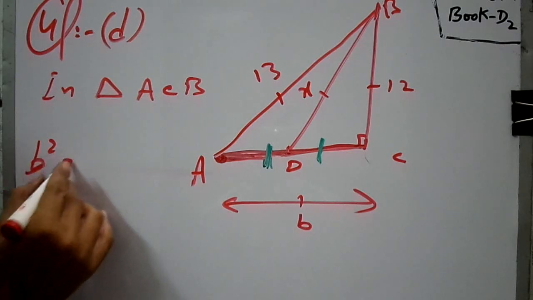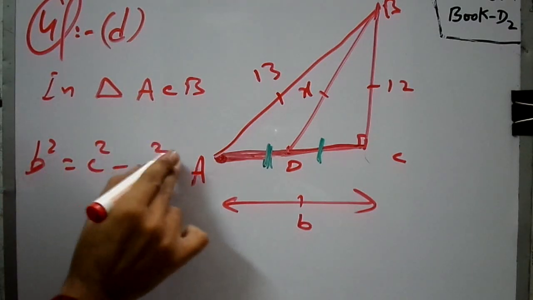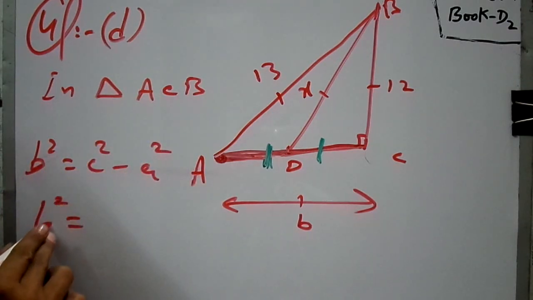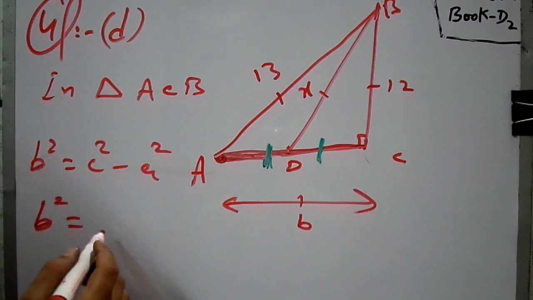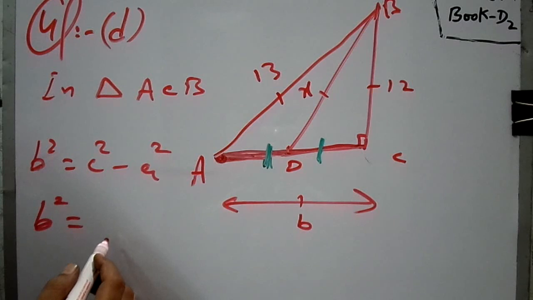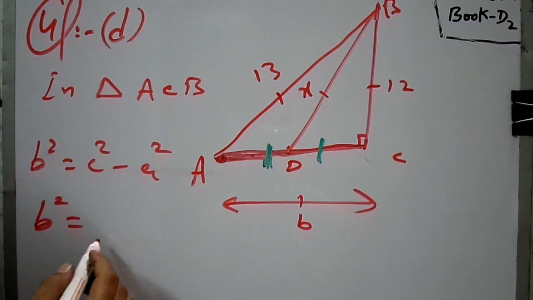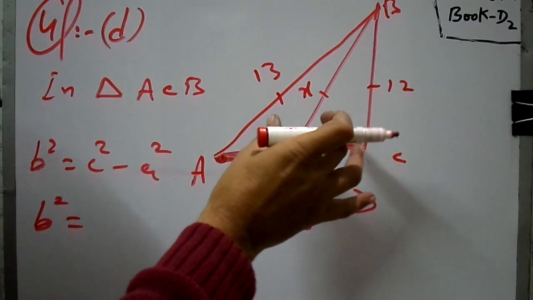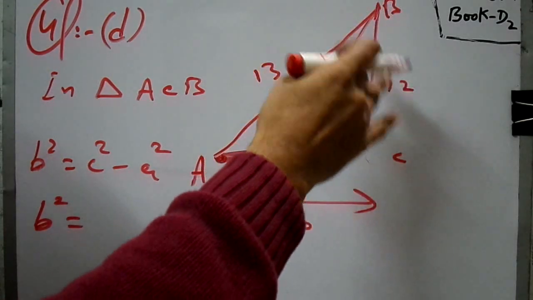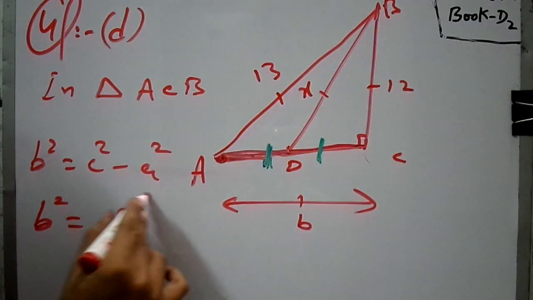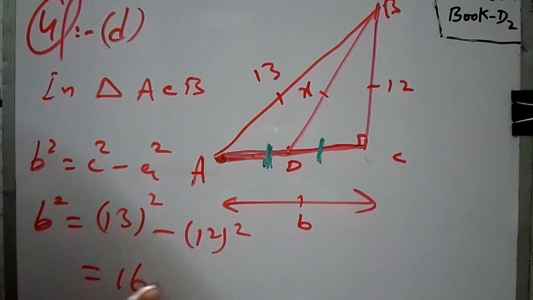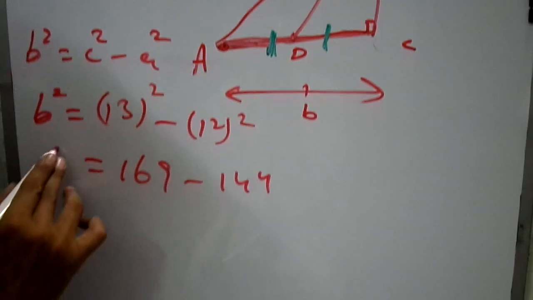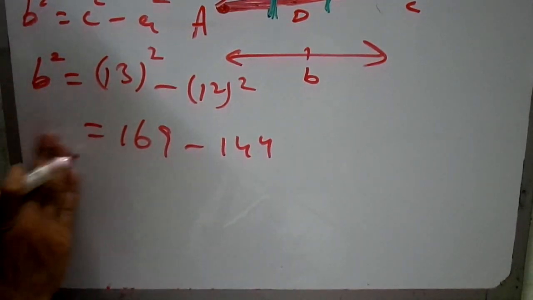So B square is equal to C square minus A square. Putting the values, the value of C is 13 and 12, so 13 square minus 12 square, you will get 169 minus 144, that is your B square.